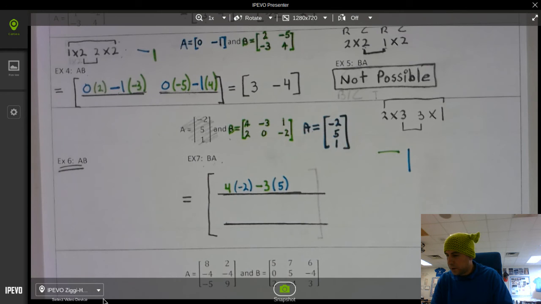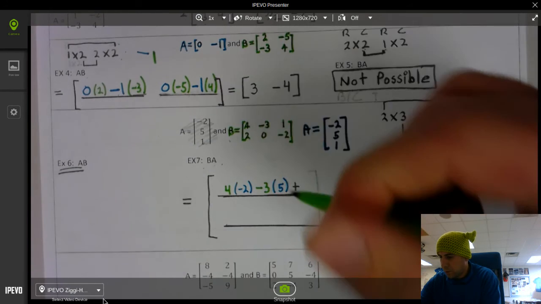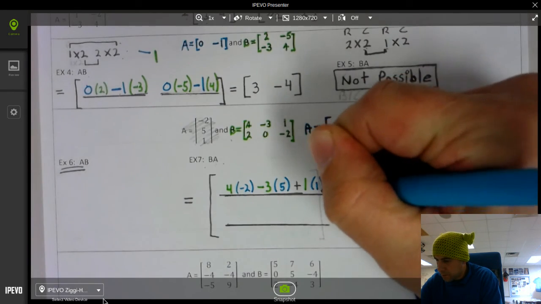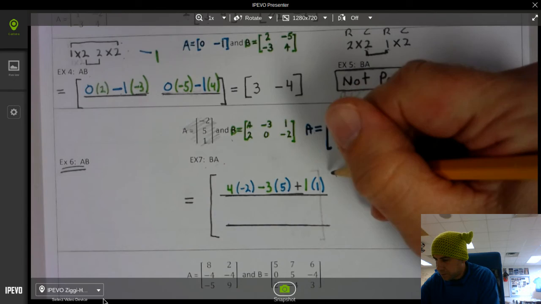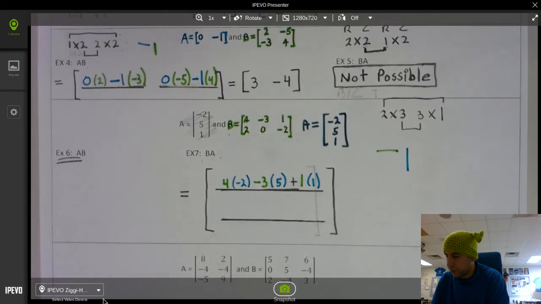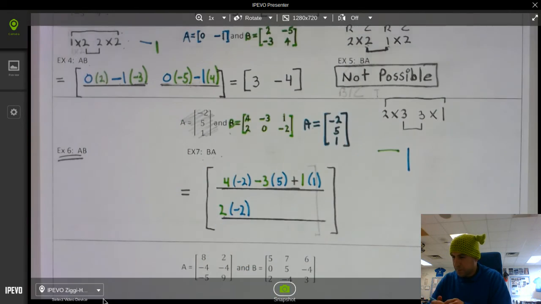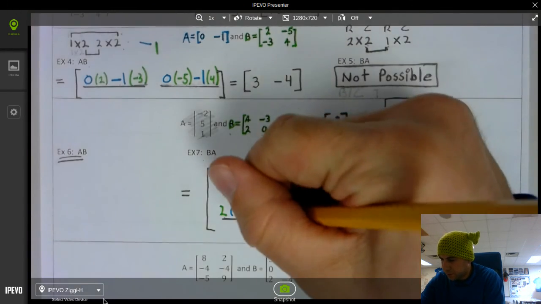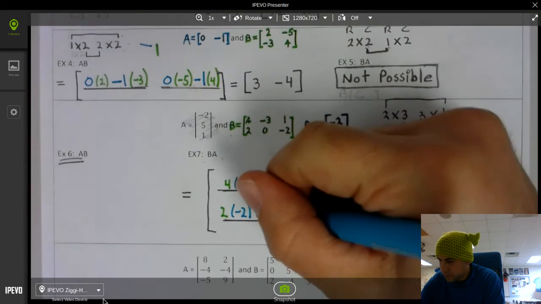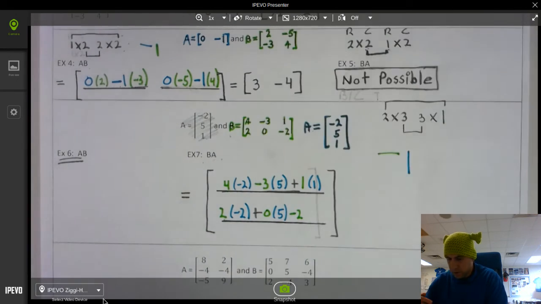All right, and then plus 1 times 1. All right, so then again, row times column. So 2 times negative 2 plus 0 times 5, and that's minus 2 times 1.